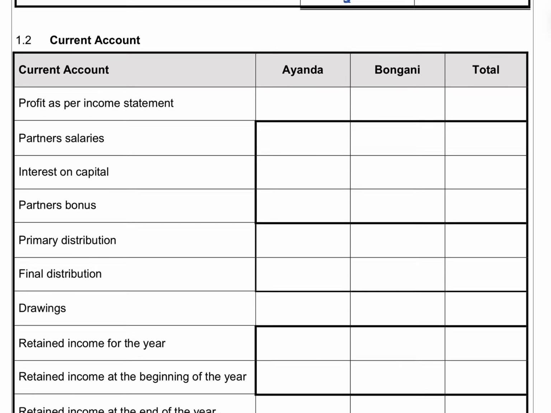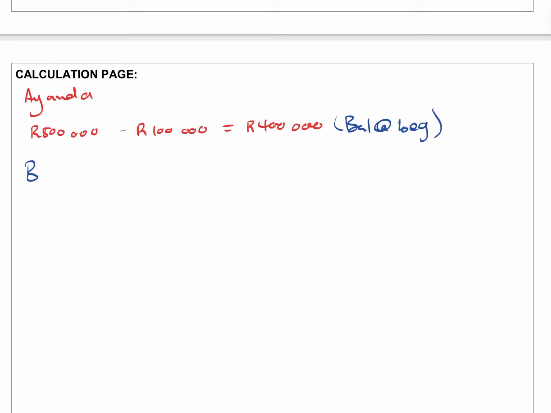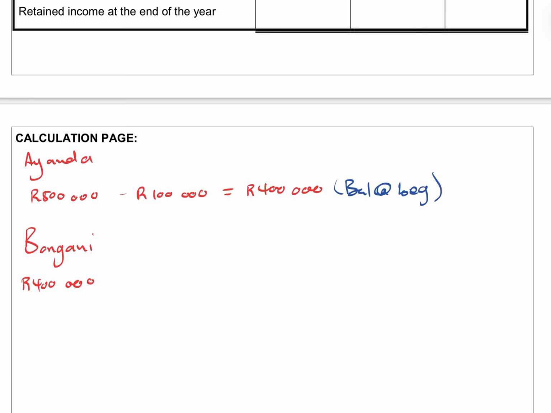Okay, so let's go to the calculations. So we're going to do the calculation for Bongani. Let me use the red color for consistency. So what are we going to do? We are going to say the 400,000, which is the closing capital. We add back the 50,000 that he withdrew.